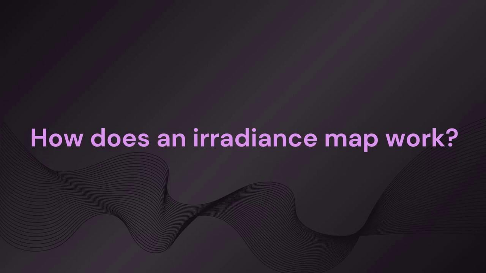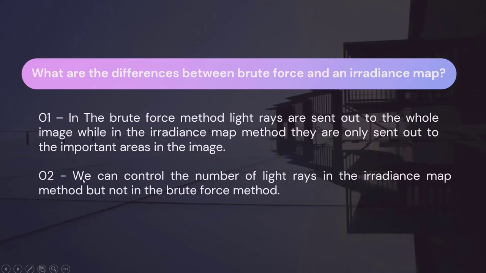And now it's time to learn about another difference between the irradiance map method and the brute force method, and that is that with this method we have more control over how it works. With the brute force method we had no control over how many rays are sent over to the whole image, and with the irradiance map method we have some control. Let me give you a quick example.